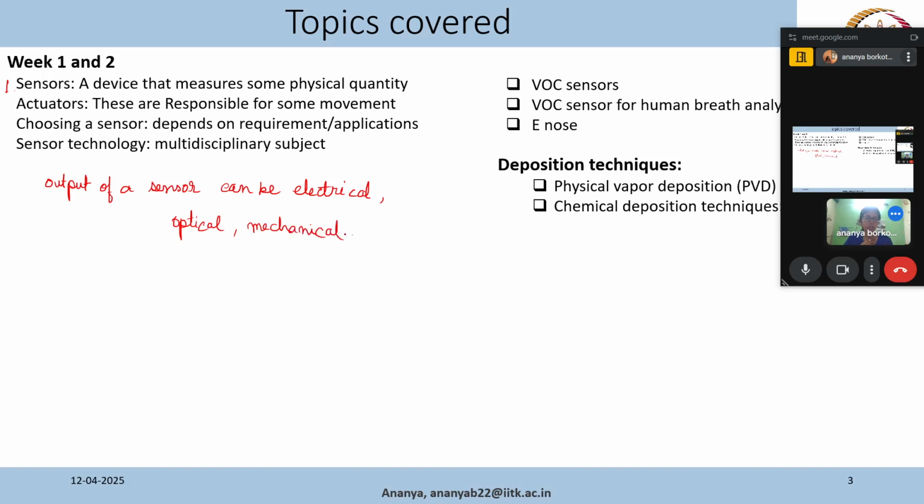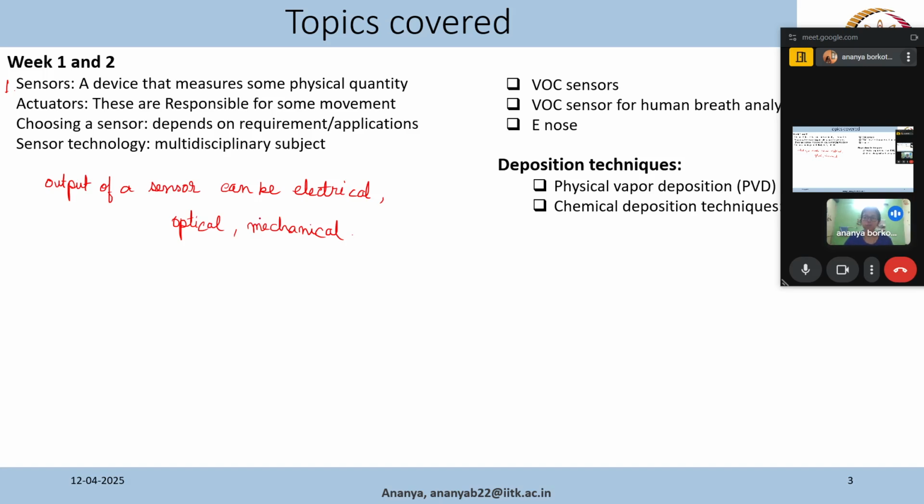One example that we discussed is mechanical output where you have a pendulum moving with a certain frequency, and the change in that frequency can describe something.